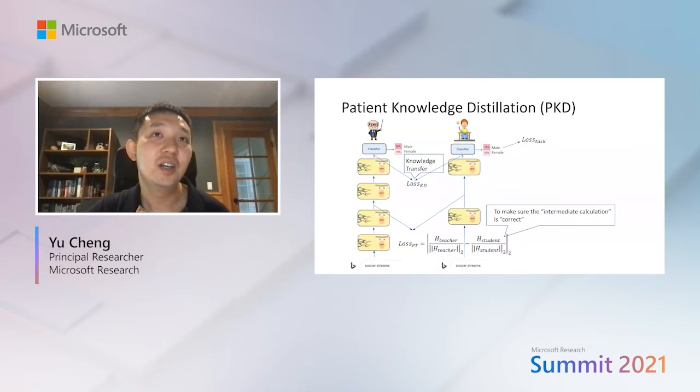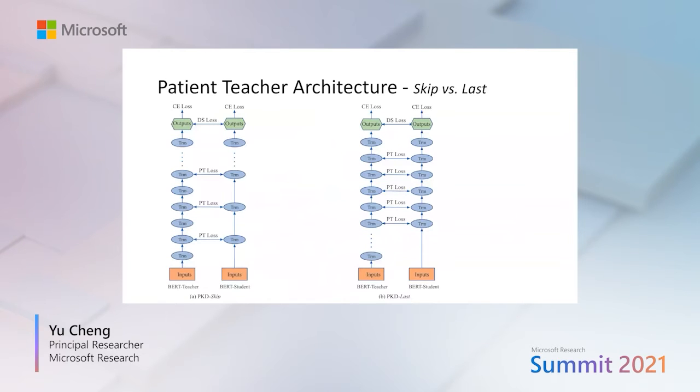Specifically for models like transformers, which have deep layers, we have another loss, called the intermediate matching loss, to measure the intermediate behavior between the teacher model and the student model.